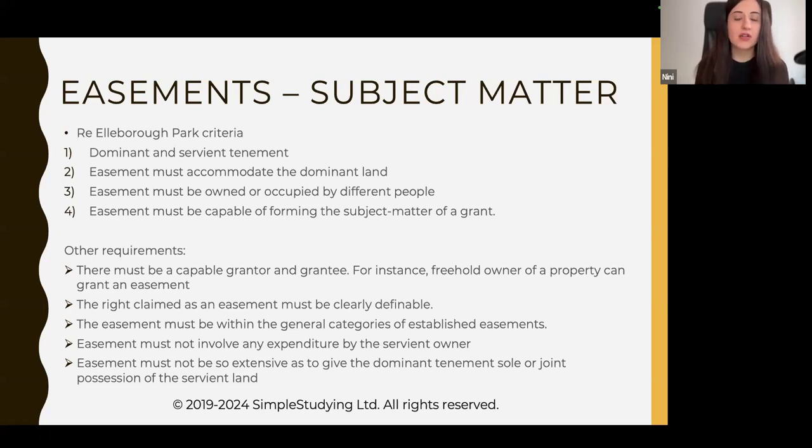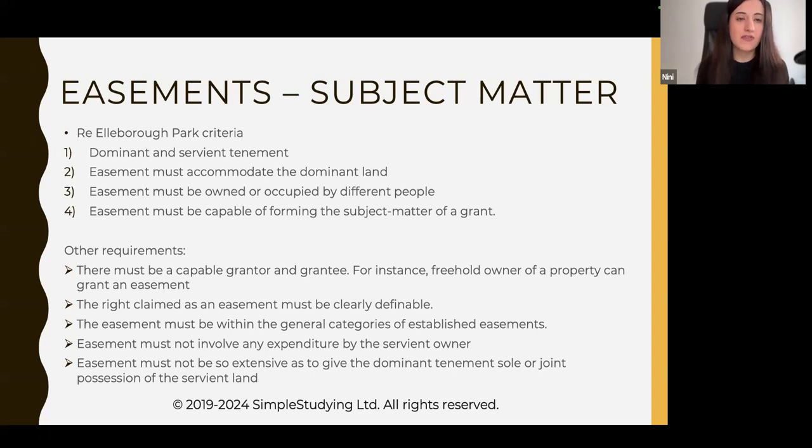If the Re Ellenborough Park criteria are not satisfied, then you don't have an easement. So the first thing to do is apply Re Ellenborough Park to establish that there could potentially be an easement. How the easement is created is another matter, the second step. First step is, can there be an easement? Is the subject matter an easement?